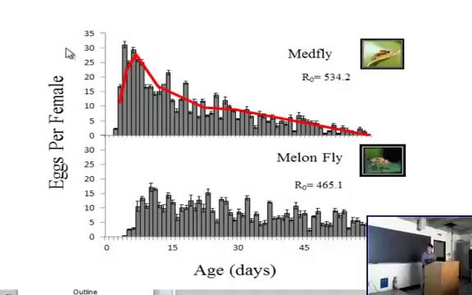The melon fly, on the other hand, takes a bit longer to reach maturity, but it doesn't have the dramatic peak that the med fly does, and the rate at which reproduction declines with age is diminished compared to the med fly.